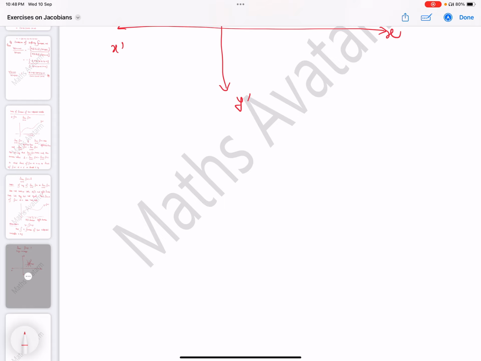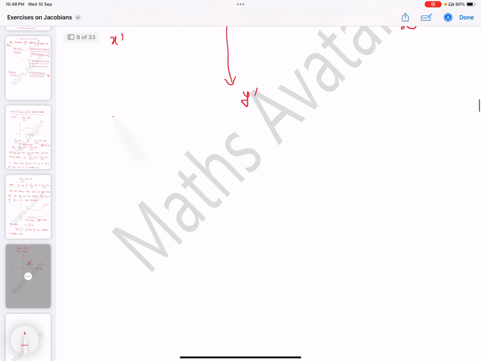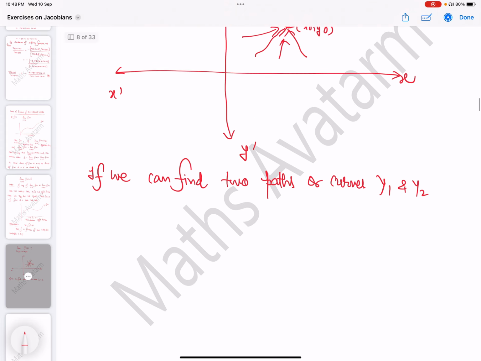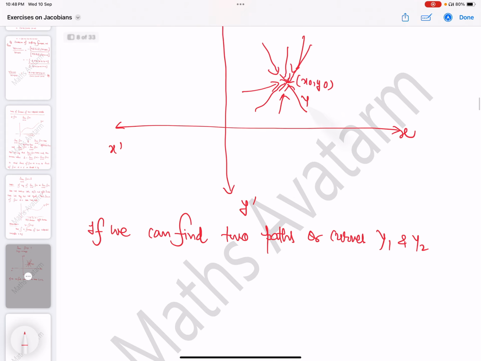Okay. So my meaning is that if we can find two paths, or you can say curves, let's say gamma 1 and gamma 2, so there are two paths.